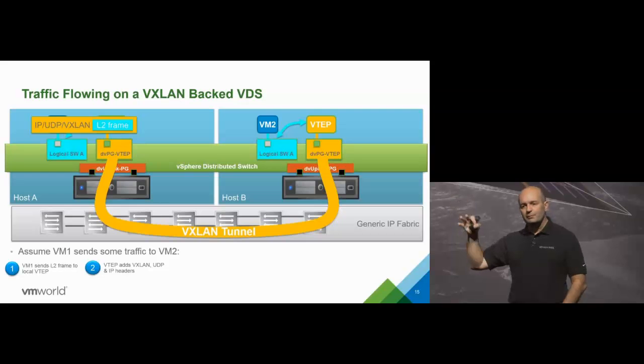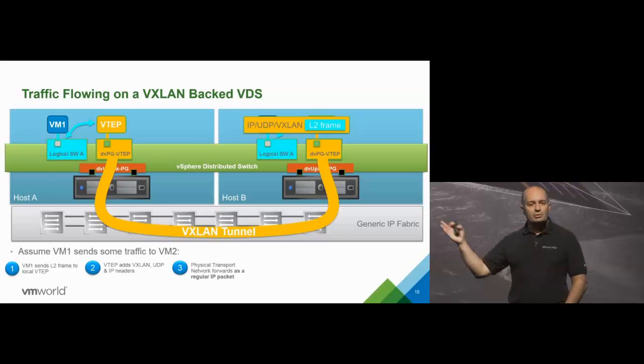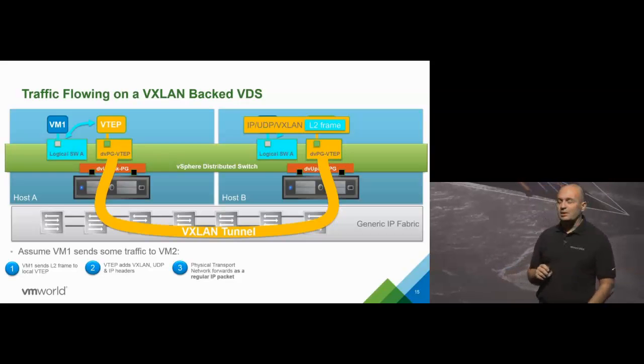The VTEP locally knows that the MAC address of VM2 is associated to an IP address on host B. You have a lookup in a table that has been pre-populated by our controller. And basically now it's just a matter of sending this IP packet across your IP network to host B. So this is just plain routing at that stage.